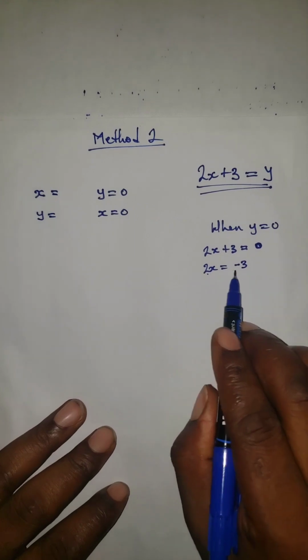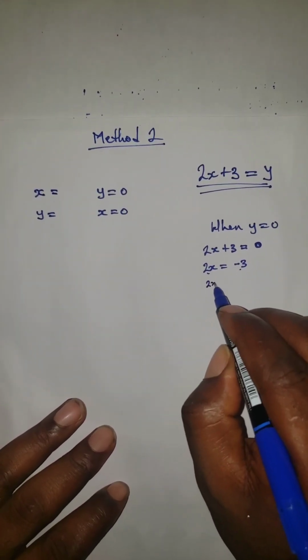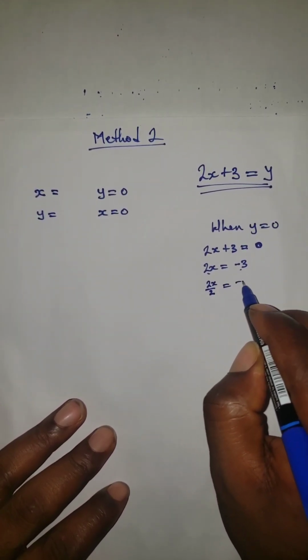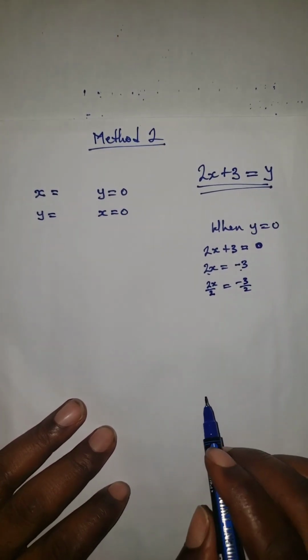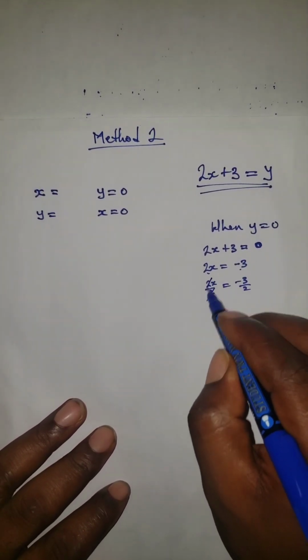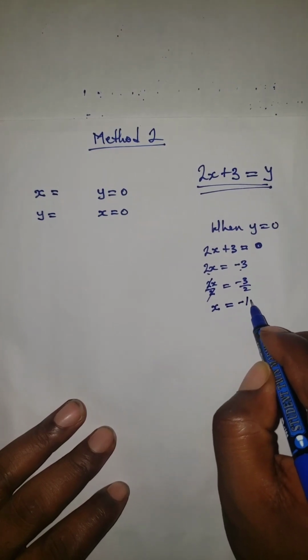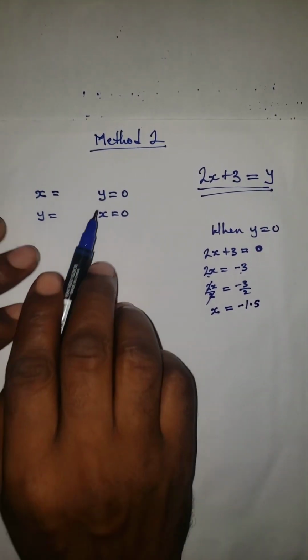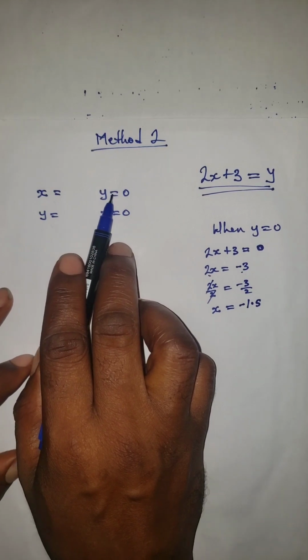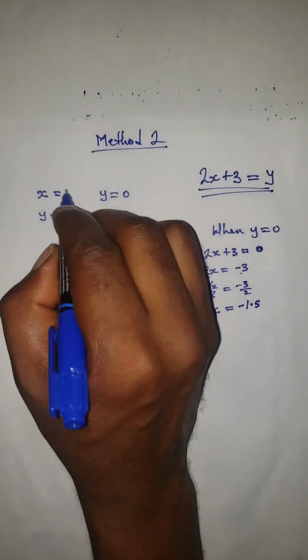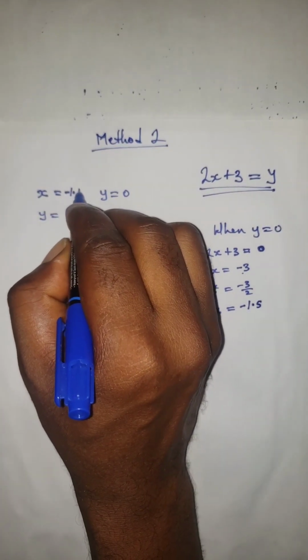When you divide both sides by 2, you have 2x over 2 equals minus 3 over 2. So 2 will cancel 2 here. I have x equals minus 1.5. So when y equals 0, I have x as minus 1.5.